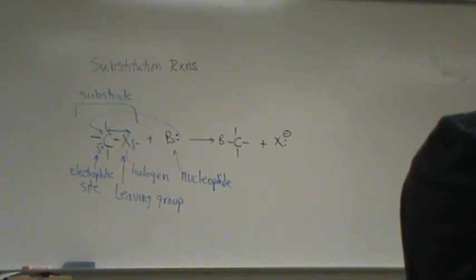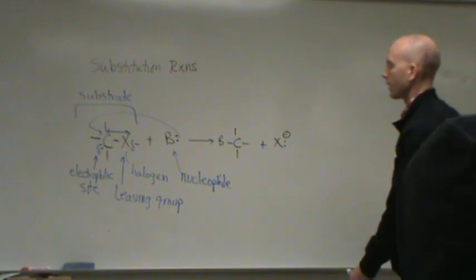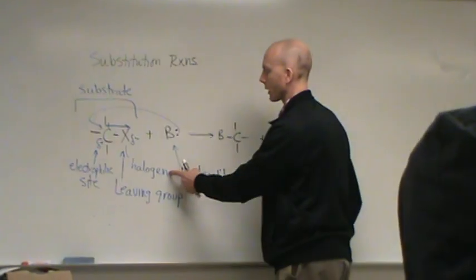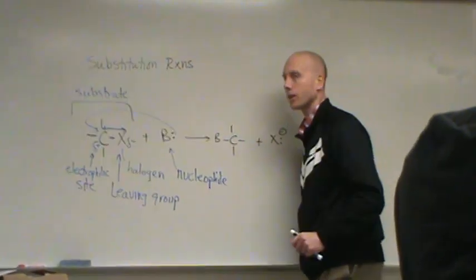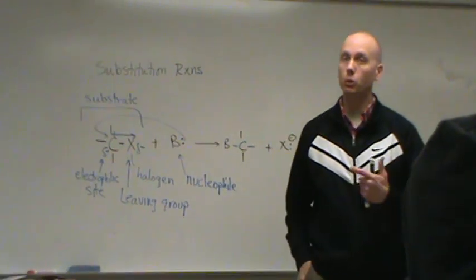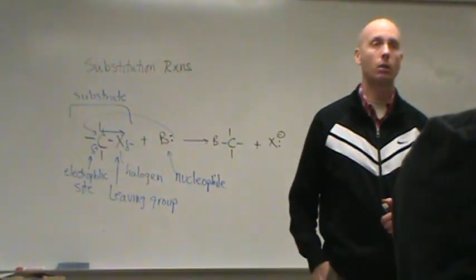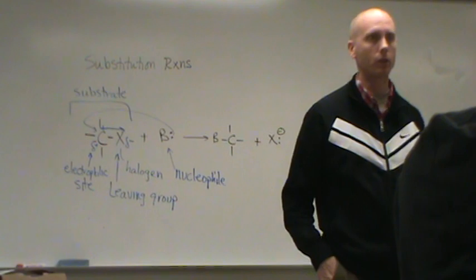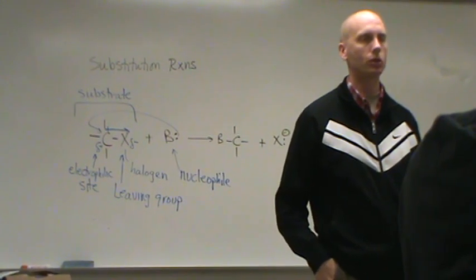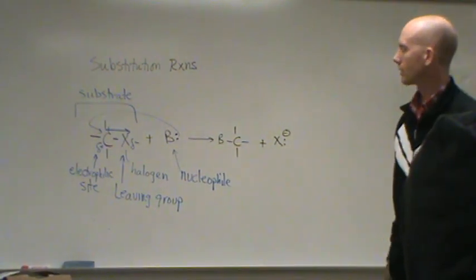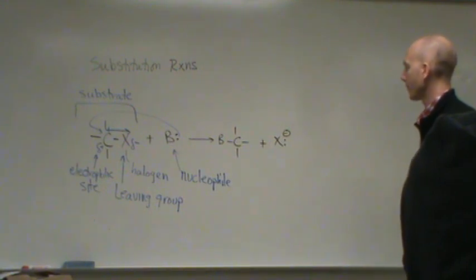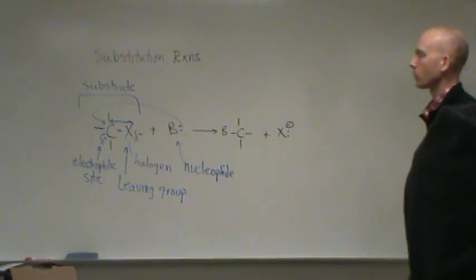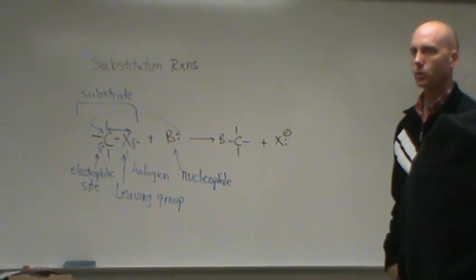We will see later on that we can have other leaving groups besides halogens, but for now we'll stick with the halogens. There's a whole bunch of good leaving groups besides halogens. So this is our setup for substitution reactions.